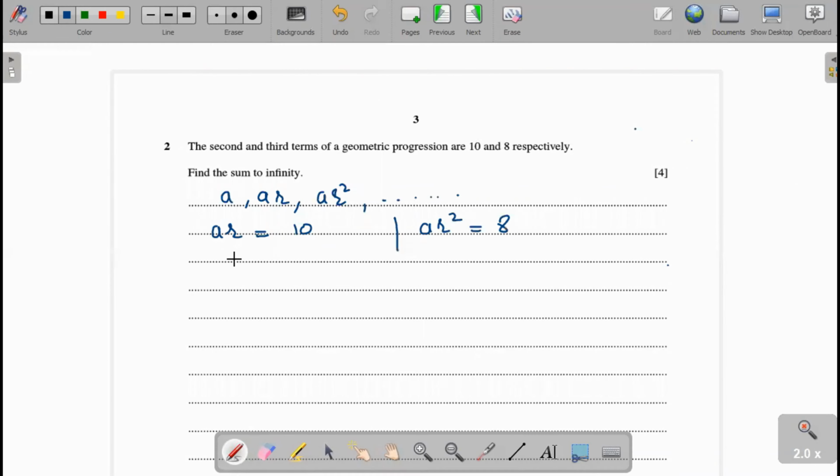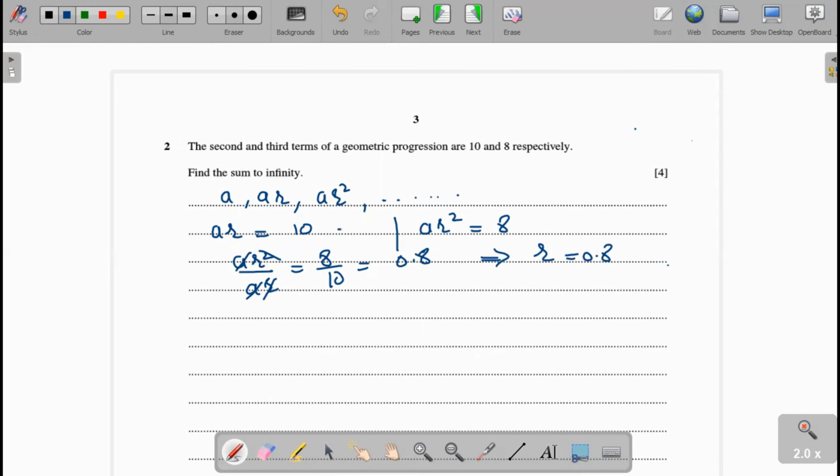Now to find r, we divide ar^2 over ar, we get 8 over 10, that is equal to 0.8. Now r will be cancelled, a will be cancelled, so r equals 0.8.